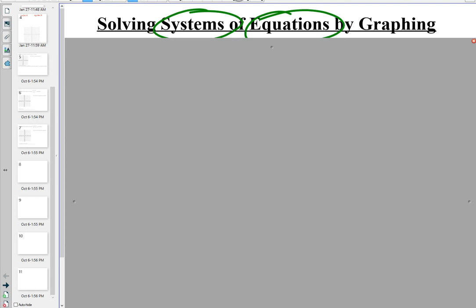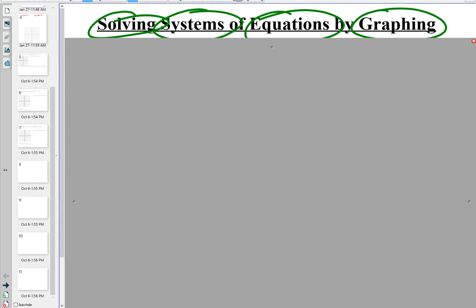Systems of equations, just like regular equations, can be solved. And there's three different ways of solving them. Today, we'll explore the first one, which is graphing. Now, the reason why graphing gets taught first is because it's visual.